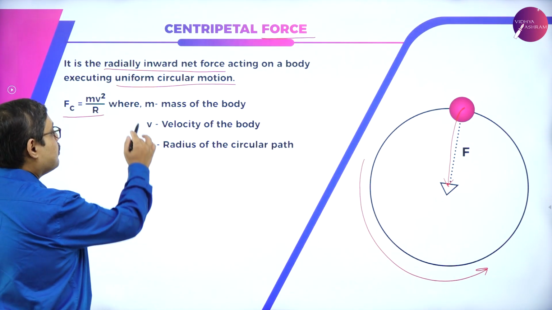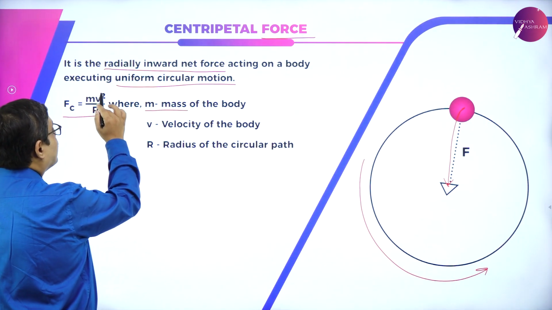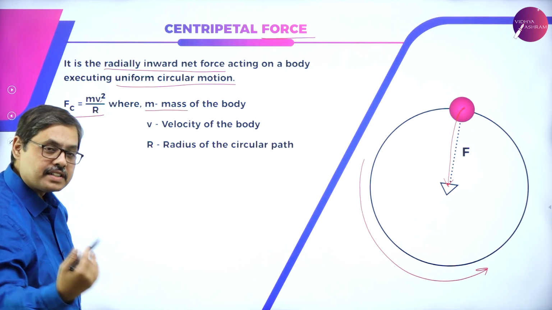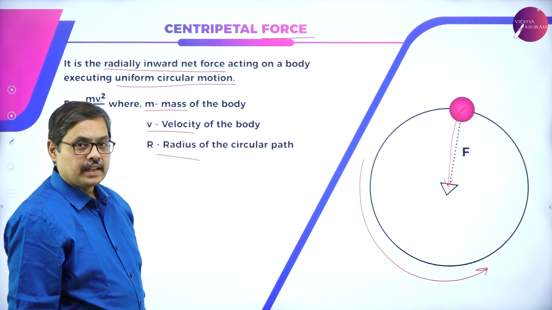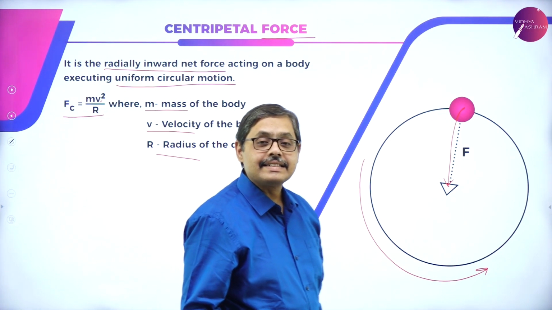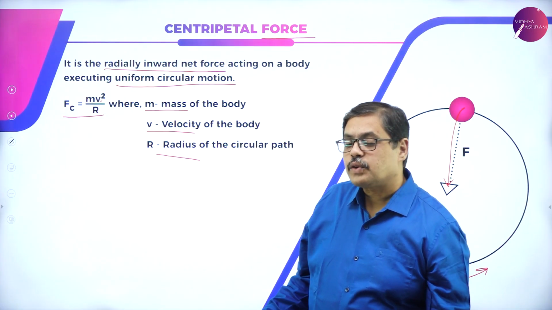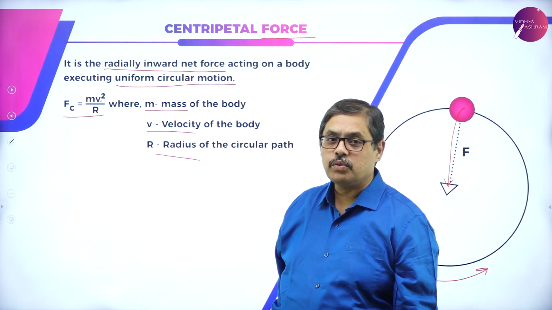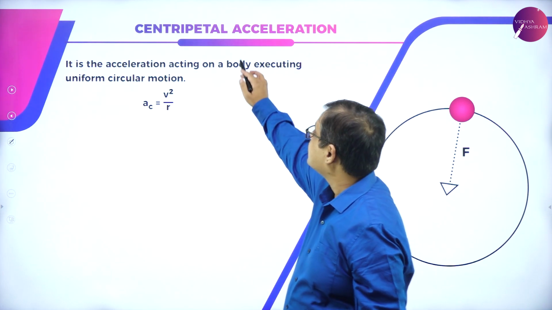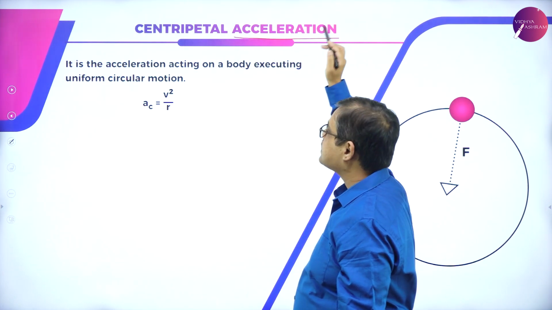What is m? M is the mass of the body. What is v? V is the velocity of the body, whereas r is the radius. So this is centripetal force. There is one more important terminology which we had discussed in the previous unit, which is centripetal acceleration. What is centripetal acceleration?